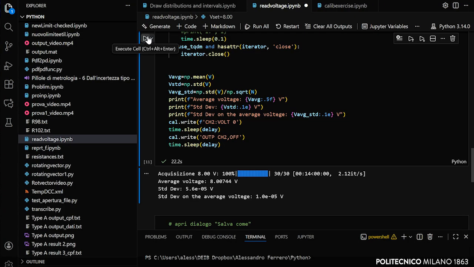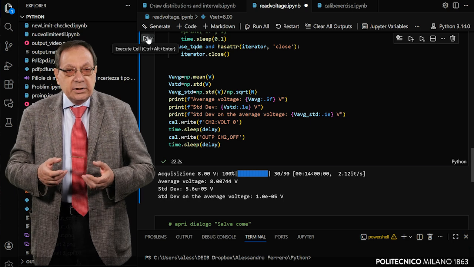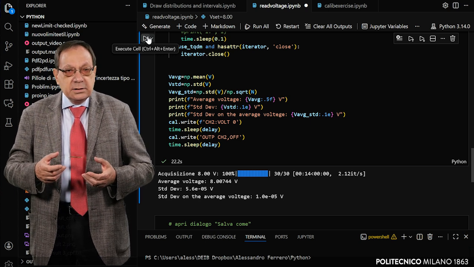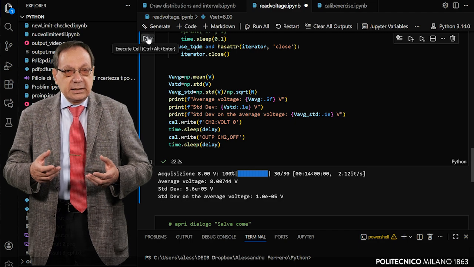Now that the second run is finished, we see that the mean value is 8.00744 volts, the sample standard deviation is 56 microvolts, and the standard uncertainty is 10 microvolts. We therefore notice that the mean value has changed, but the standard uncertainty has remained practically the same.